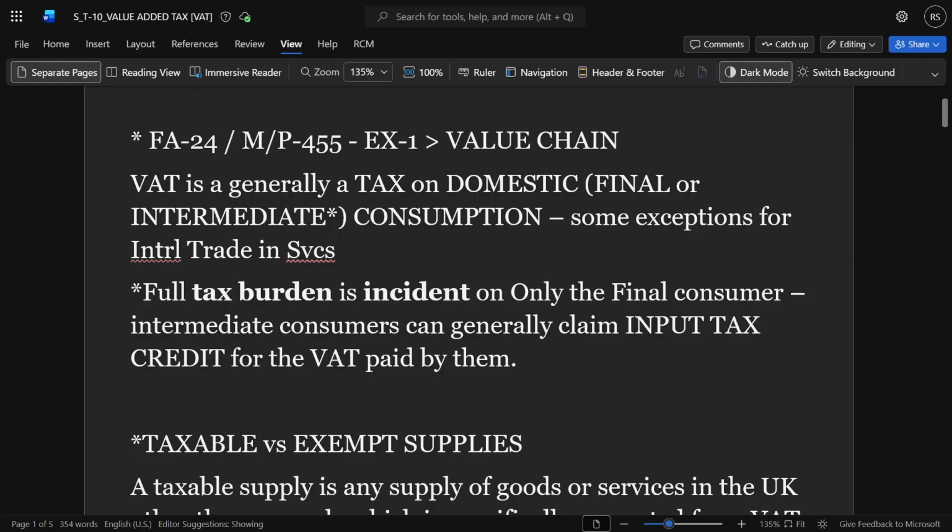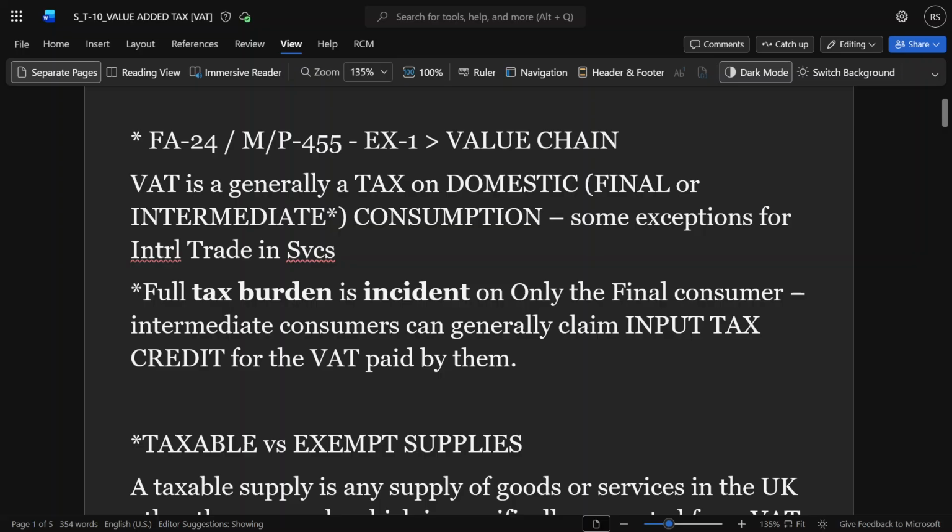To determine whether a certain export of a good or import of a good is taxable in the UK under VAT, you just have to think about, is this thing getting consumed in the UK? It could be intermediate, could be final, but is it getting consumed in the UK? A UK company selling chocolates to Germany, those chocolates are not going to be consumed in the UK. So, no VAT. Do you understand?